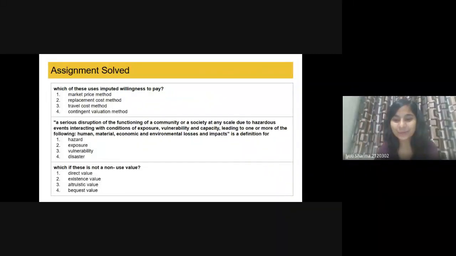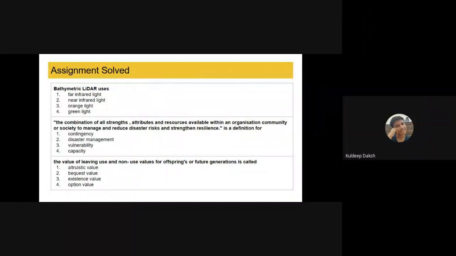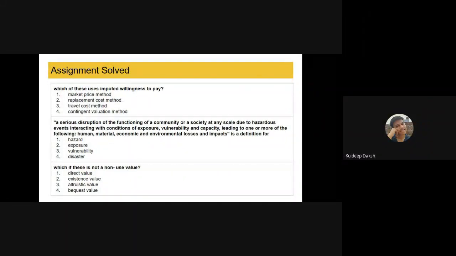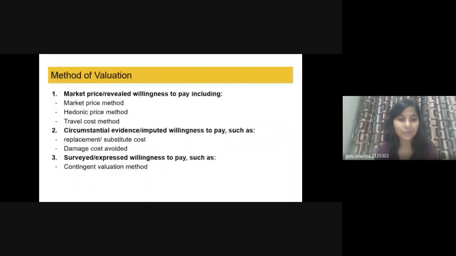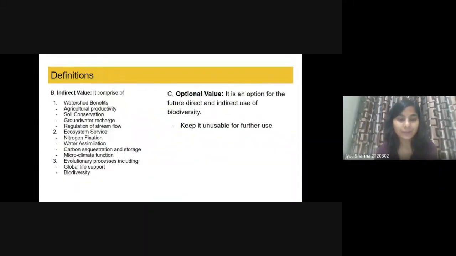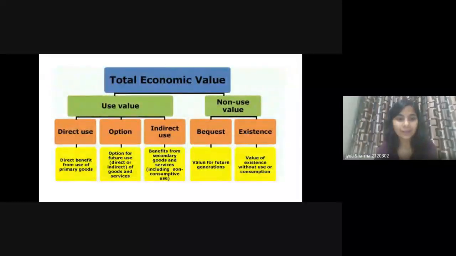Because there is a "no". Ma'am, "not" is also coming, then "non" is also coming. See, non-use value, I show you. Which is not non-use value. Direct is not non-use value.